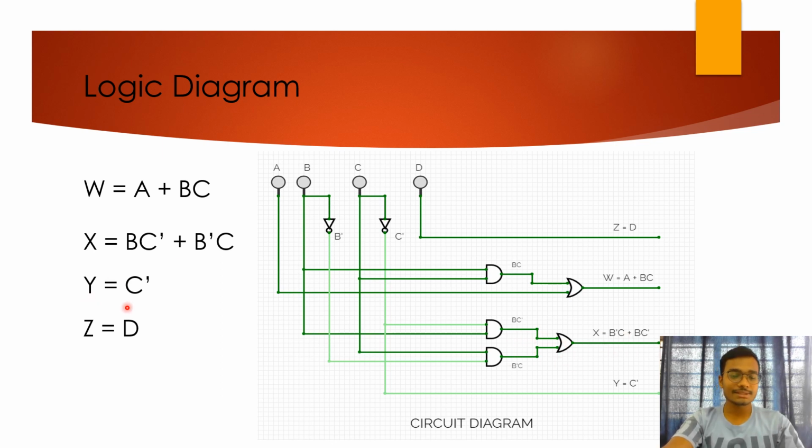And I'm having Y. This is nothing but just C bar. Whatever the output I'm getting from the C bar, that is the NOT gate applied to C, that is C bar, that is same as the Y, and I'm having Z, that is D. There is no need to do any computations or any logic gates, but if we want to have here, we can have two NOT gates that can be simply represented with the help of a buffer.